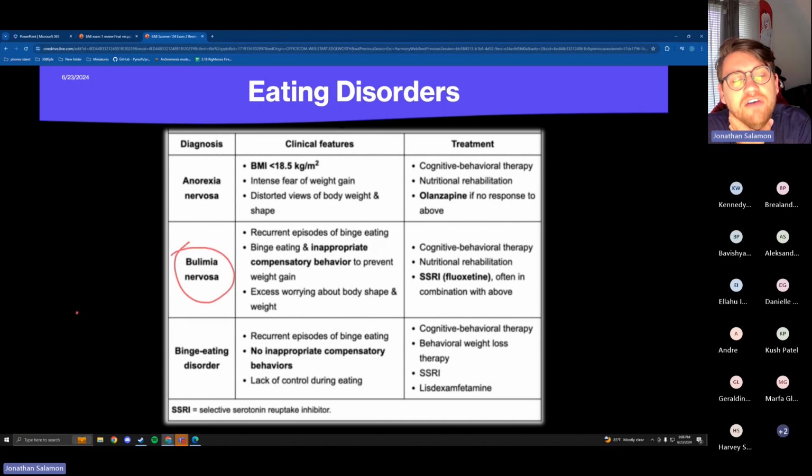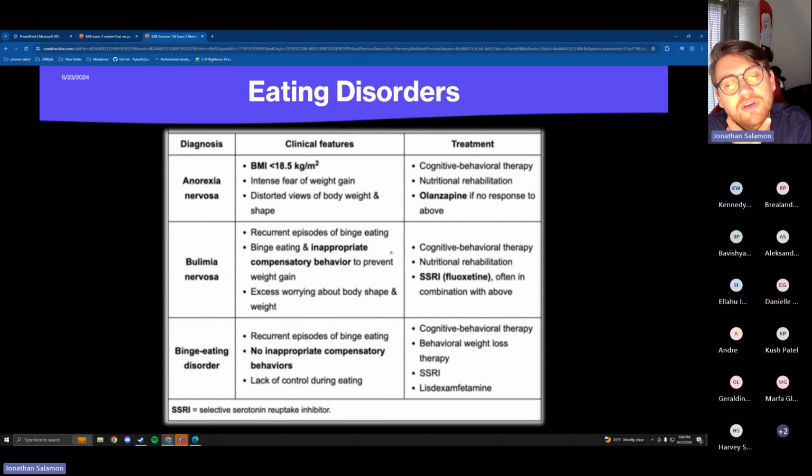Bulimia, you have to have binge eating with compensation, whether it is vomiting or forcing yourself to go to the gym or looking at yourself and chastising yourself in the mirror.